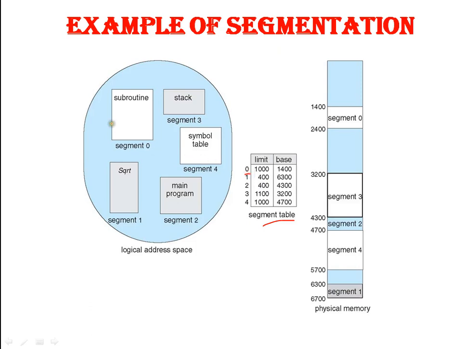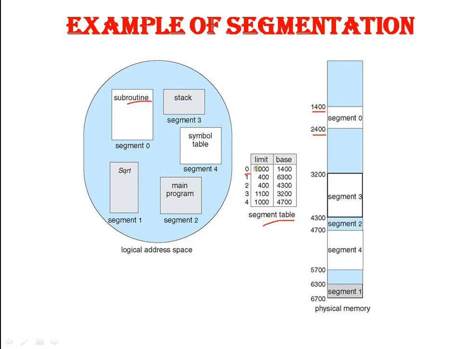Segment 0 is for the subroutine function. The base address is 1400 and the limit value is 1000, so the total will be 2400.